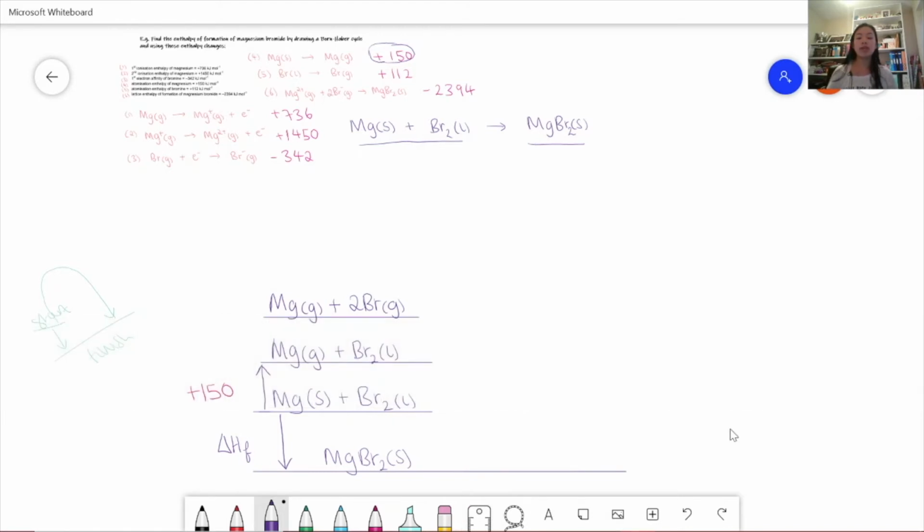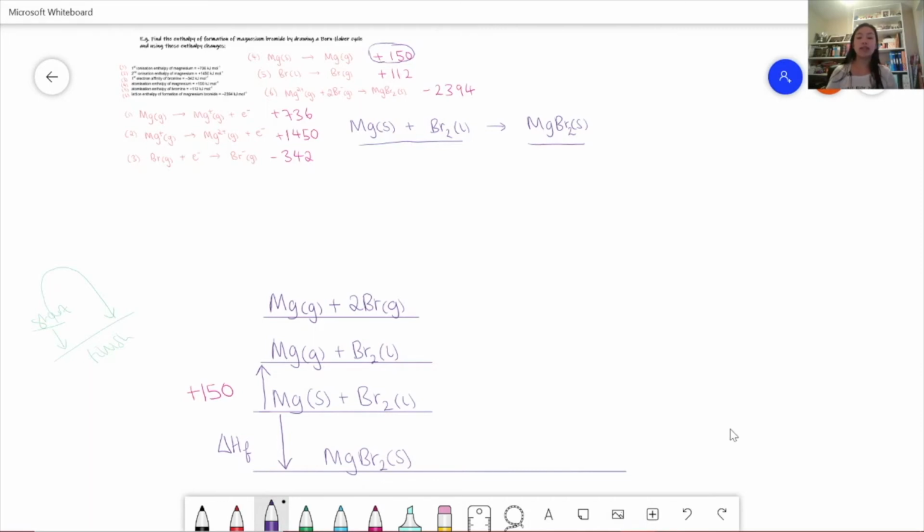A really important thing to remember here are your definitions for all of the enthalpy changes, because equation 5 that we've written is the atomization enthalpy of bromine. But you need to remember that the definition of atomization enthalpy of bromine is that we're producing one gaseous mole.